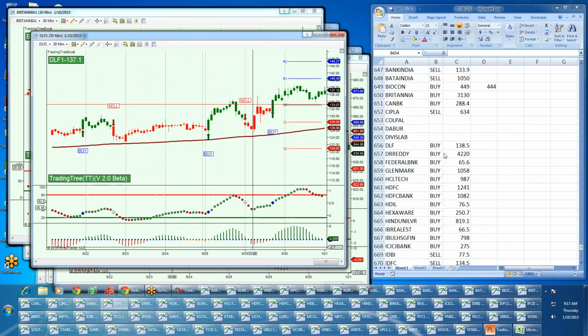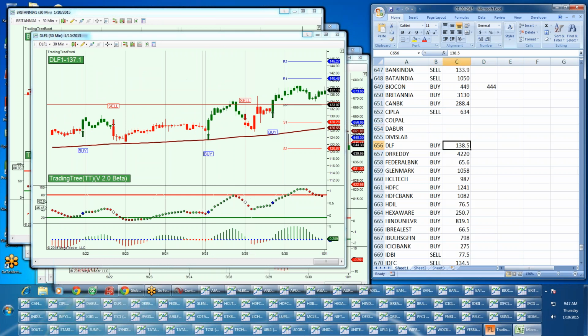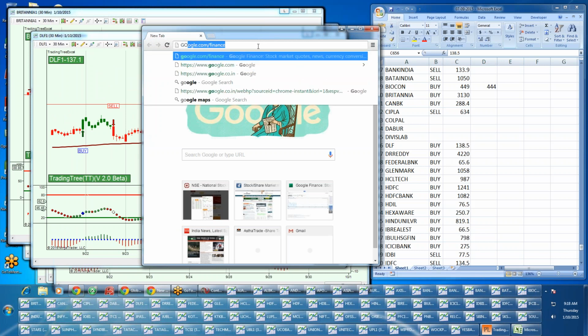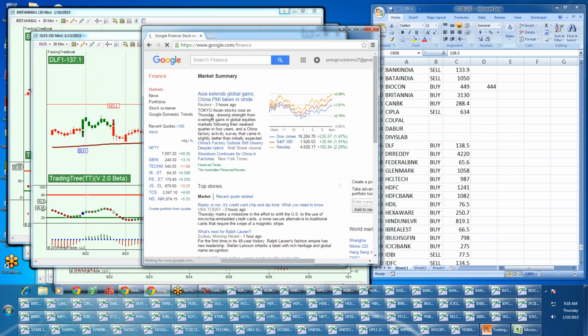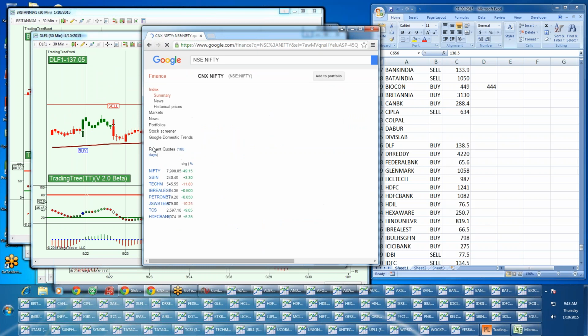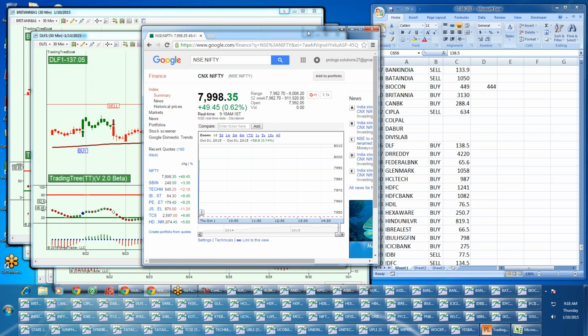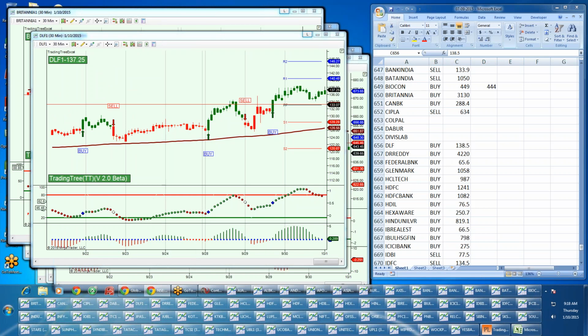So DLF, my entry is 138.50. Meanwhile, what I do is usually I even observe where the Nifty is heading. So I just keep a track of Nifty also.